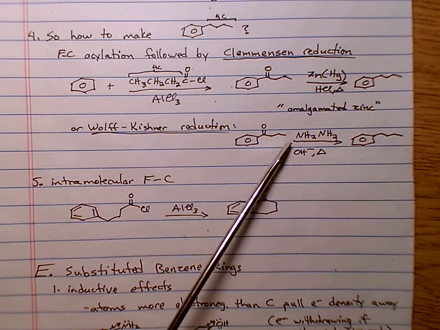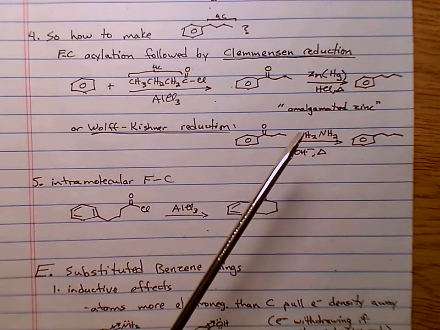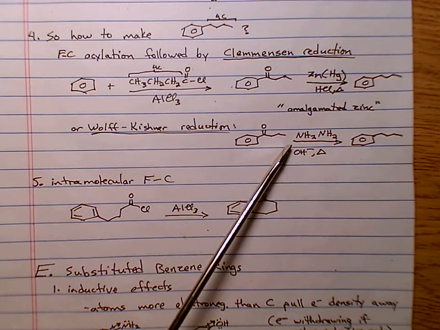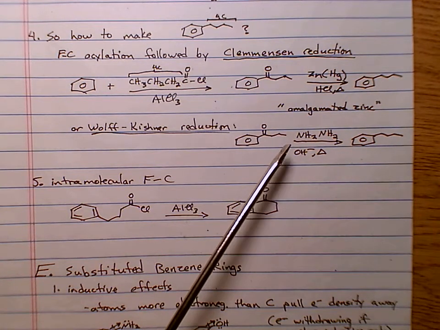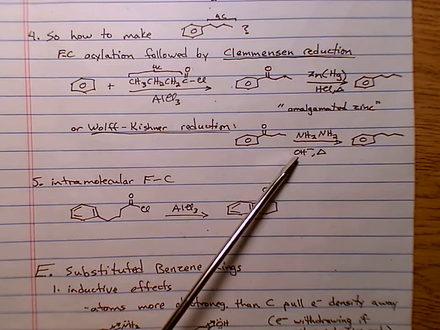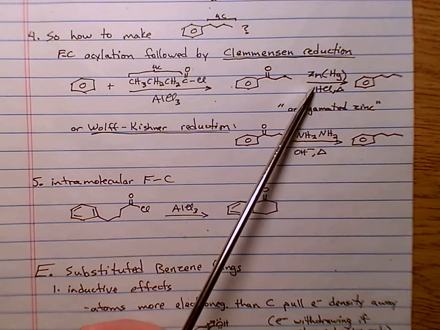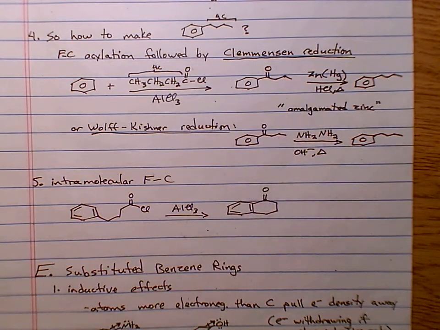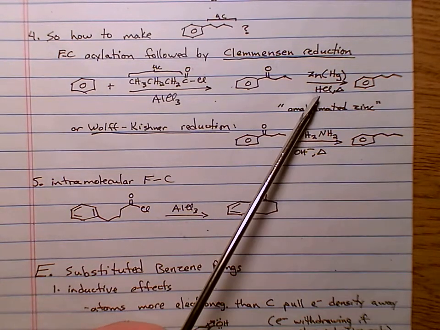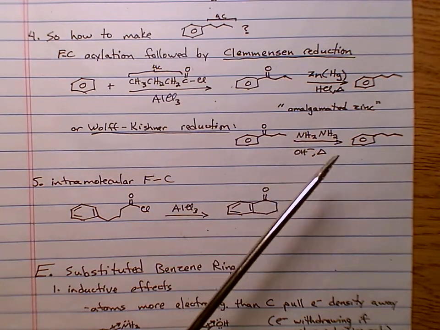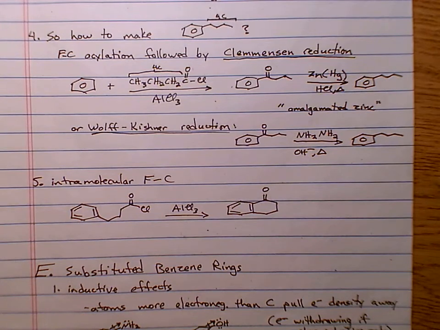So this is just more dangerous and more toxic if you use the Wolff-Kishner reduction. So if it didn't matter, acid or base conditions didn't bother you, go with Clemmensen reduction. It's a safer way to do it. It's probably cheaper too. If you can't have acid conditions, go with the Wolff-Kishner and base and be very careful.